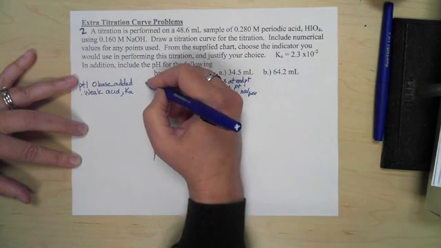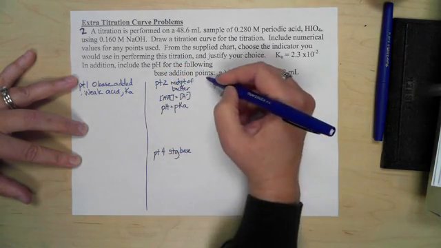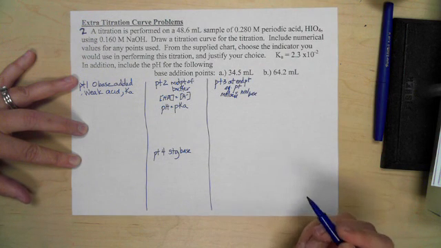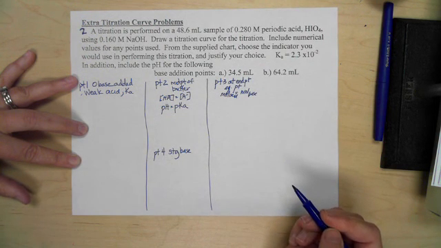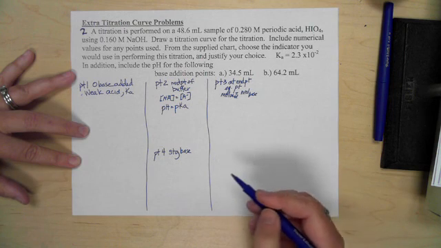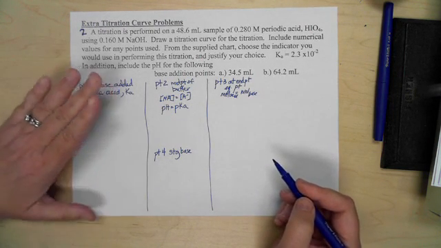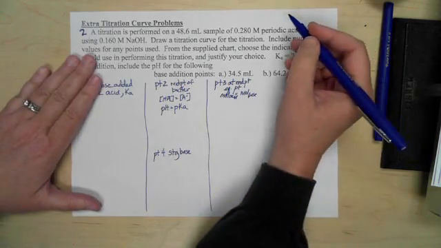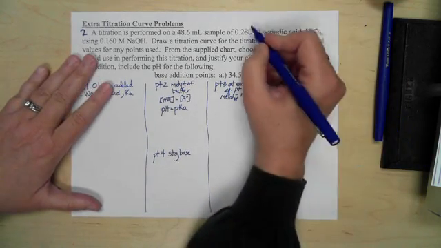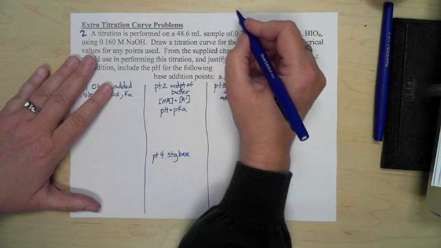So what I've kind of done is compartmentalized so that I've left myself, hopefully, room to work. If not, I'll work on an extra sheet. These are the things that we need. A couple things we want to start off with is I want to know how many millimoles we have.